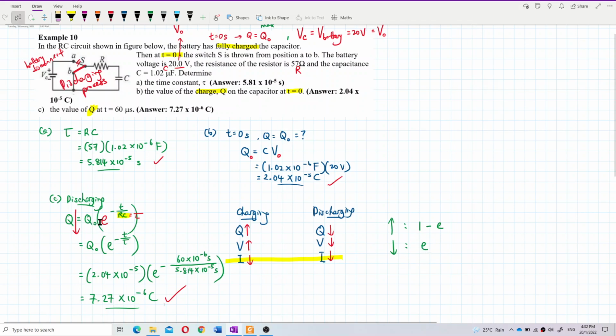So now I know the formula uses the exponent because the charge decreases. The rest is substituting all the values I got earlier, and I get the final answer.